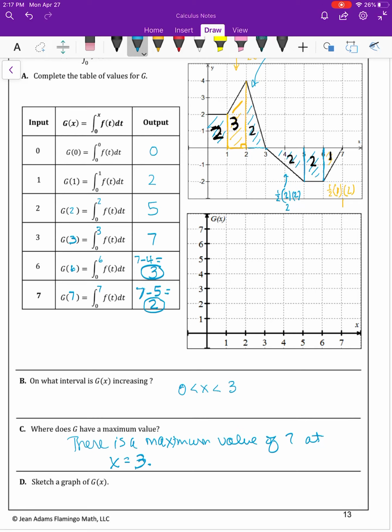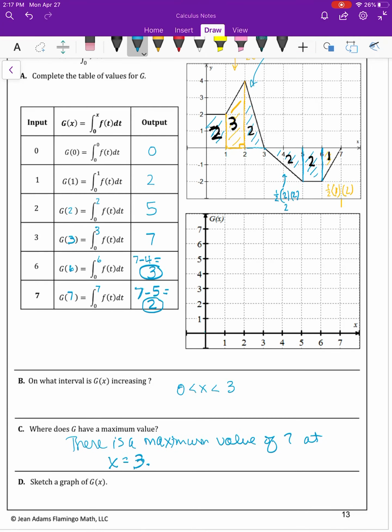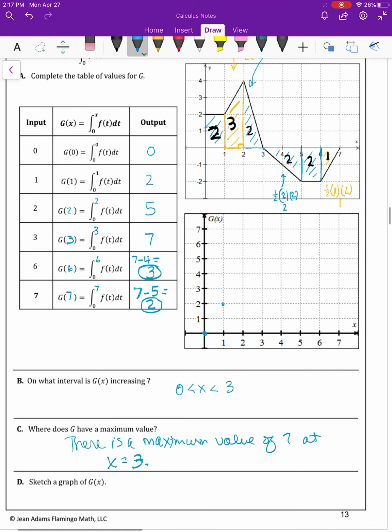And then it wants you to sketch the graph. So we're just going to look at, the input-output is our xy. So the first one that we have is 0, 0. Then we have 1, 2. Then we have 2, 5. Then we have 3, 7. Then we have 6, 3.